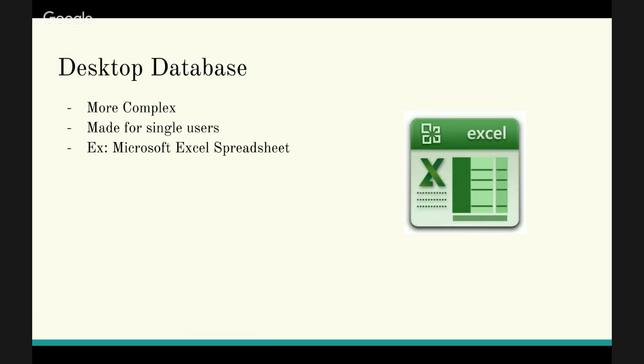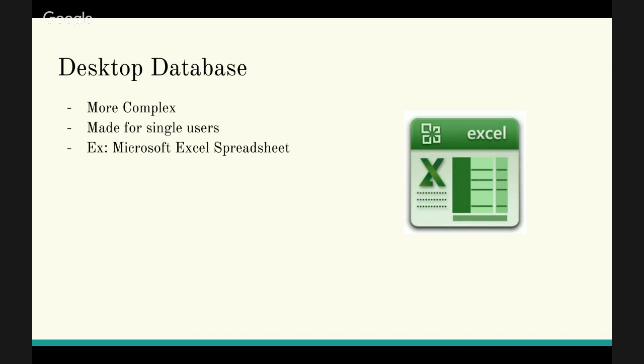Here's the desktop database. It is a lot more complex than the text database in the previous slide. It is primarily used for simply one person using a computer at a time. And a good example of a desktop database would be a Microsoft Excel worksheet.